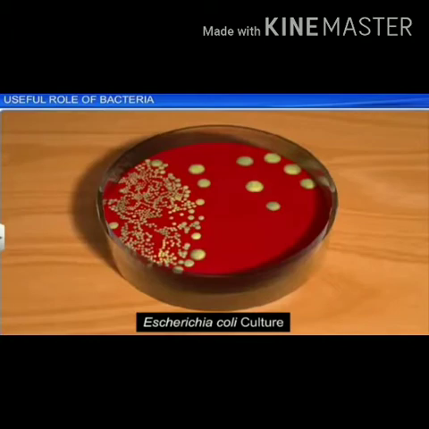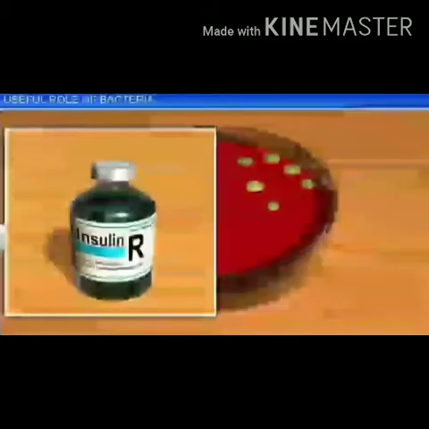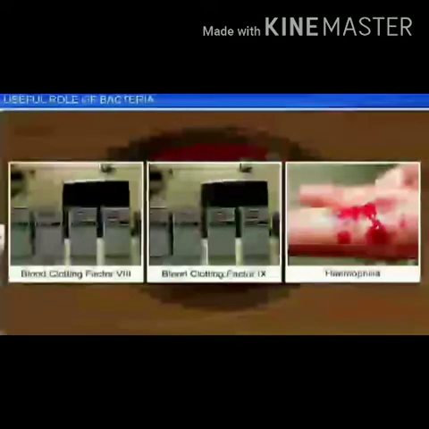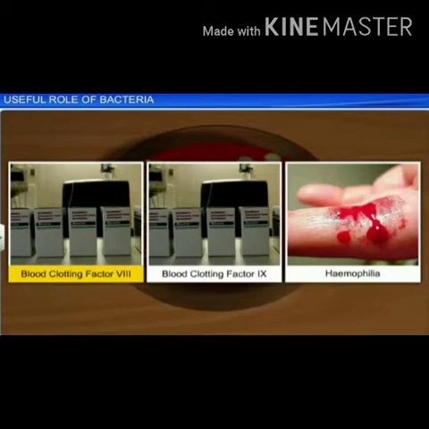The first serum compound produced from bacteria was the hormone insulin. Today, several serum compounds are available. These include blood clotting factor 8 for the treatment of hemophilia A and blood clotting factor 9 for the treatment of hemophilia B.